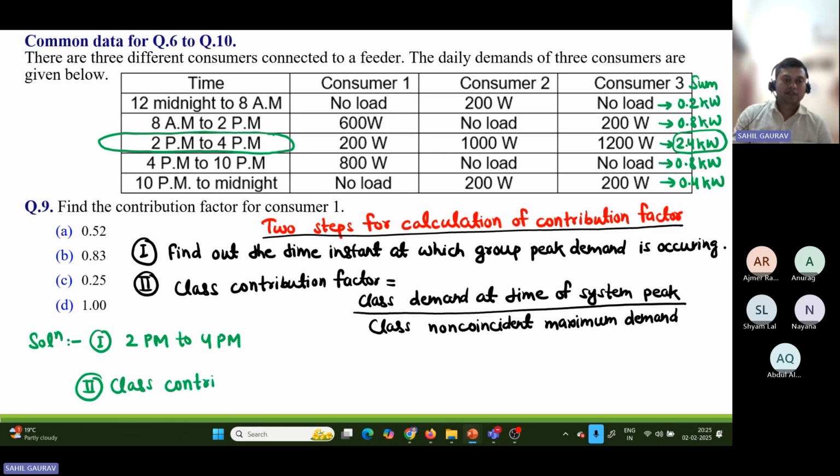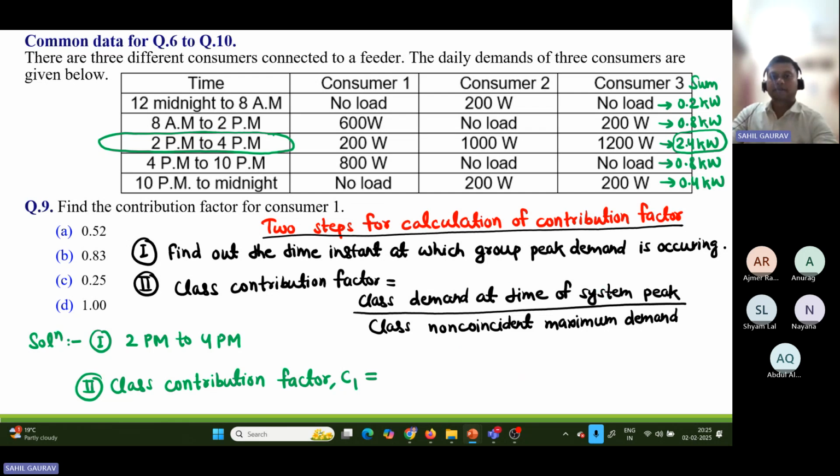So you can write C1. Tell me what will be the numerator? Class demand at time of system peak.